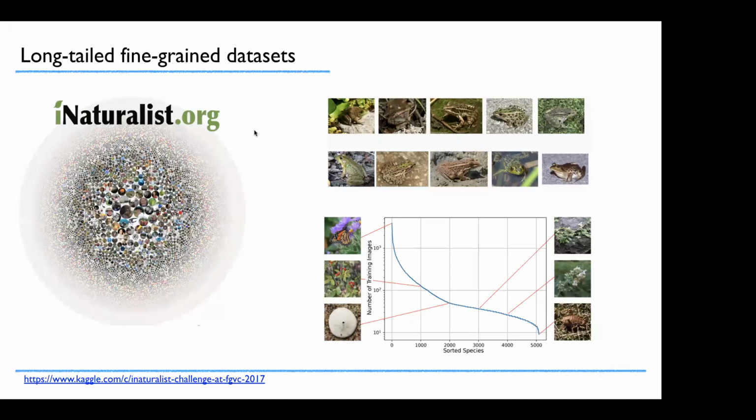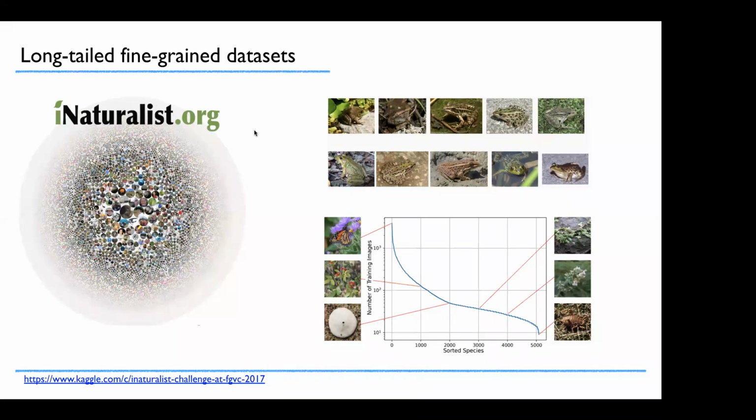Another thing that we have to bear in mind is the reality of long-tailed fine-grained data sets. So if we take another one of the popular data sets, iNaturalist, for example, they have tens of thousands of categories and millions of images contributed by citizen scientists. And this is very far from a uniform distribution of samples for all the different species of plants, animals, and fungi.